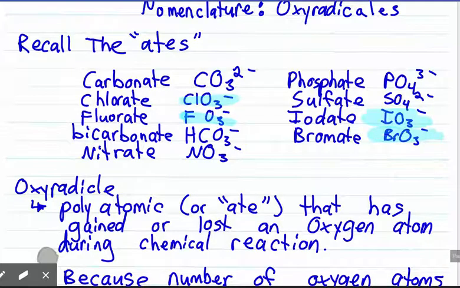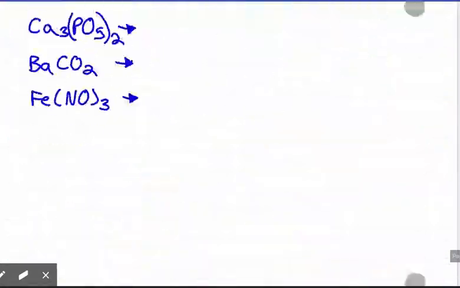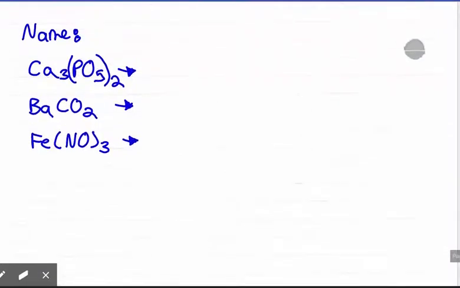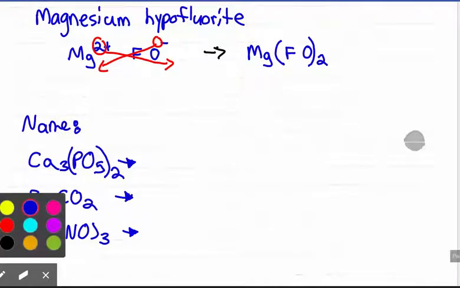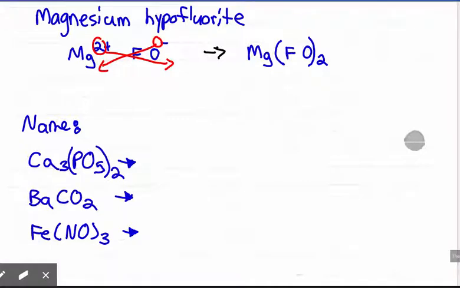Okay. Now naming, we do exactly the same as we have named before. In this example, we're going to do a couple examples where we name together, and I'm going to walk through the whole process. Ca, we know, is going to be calcium.